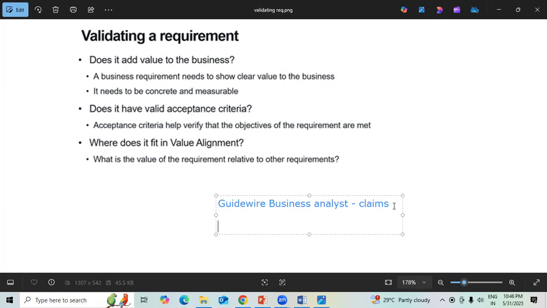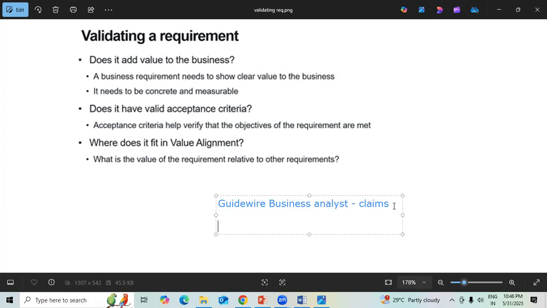So the business requirements must have clarity over the value to the business from the customer point of view, because at the end of the day, business value is the high priority to be considered.